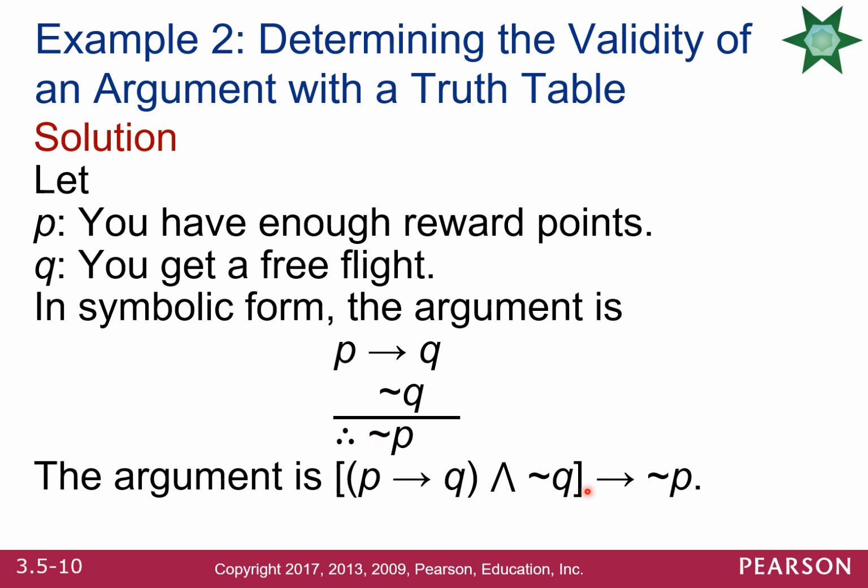So if is for this condition, and then we go to inside of the square brackets, which is if P then Q, and this is the conjunction symbol, and not Q, which was the second premise, then it's not P. So the argument, or rather the conclusion, goes on the right hand side of the conditional symbol here.